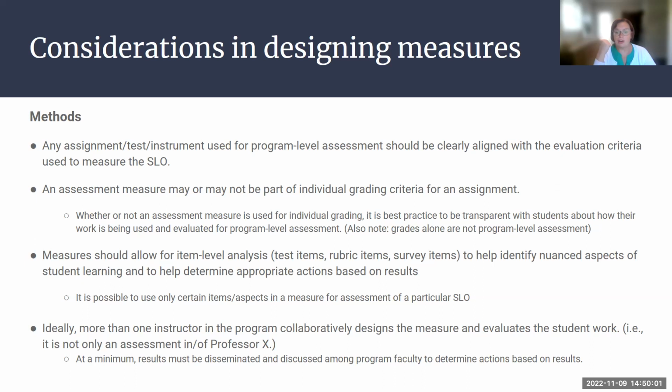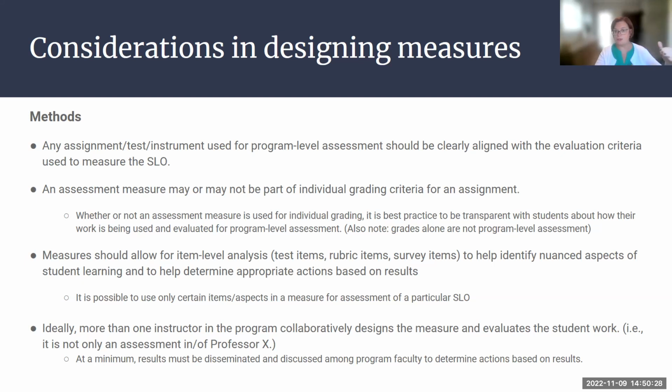In terms of an exam or a rubric or even a survey that you're using for indirect assessment, it's good to plan on an item level analysis rather than just, 90% of students got it, 85% overall on this exam. You might want to dig deeper into questions or groups of questions, like maybe you have 5 or 6 exam questions about this skill or subject.